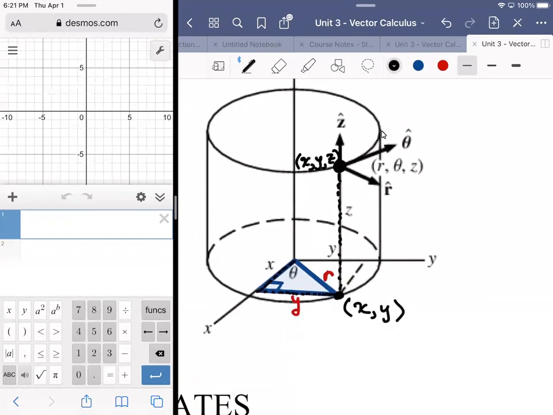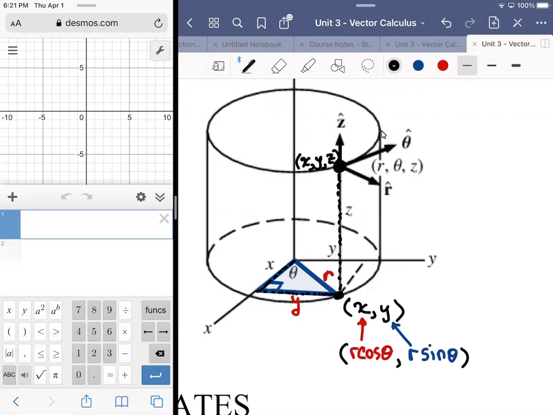But if I tell you that x is equal to r cosine theta, and that y is equal to r sine theta, then we have an ordered pair in the xy plane of r cosine theta, r sine theta.